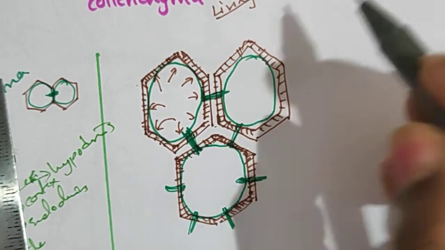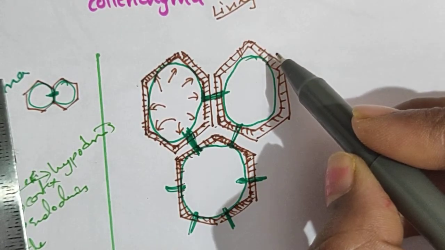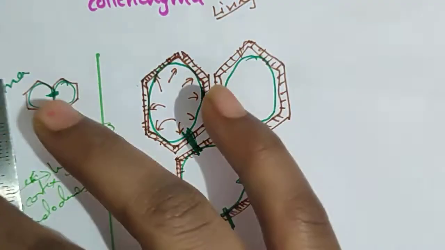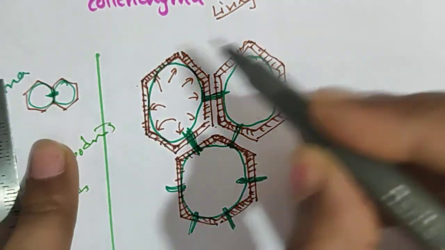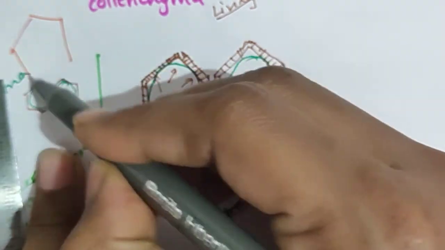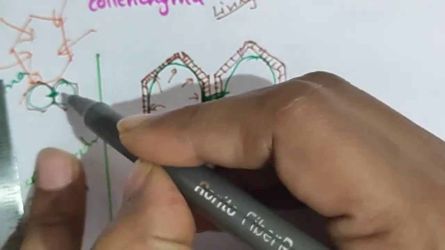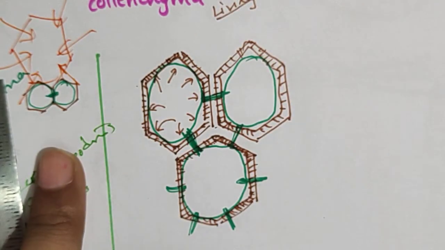First, we shall know the nature of the cell wall. What does the cell wall do? Initially, in case of parenchyma, the cell wall is more permeable and all the things can be transported more easily.